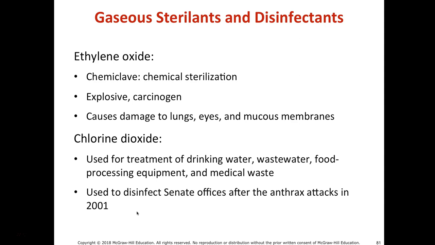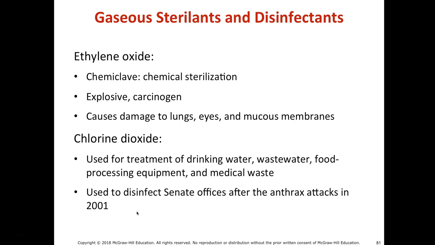Now, in order to use ethylene oxide, we need to use something called a chemiclave. And that is a type of chamber that is similar to an autoclave. If you go back a couple of slides, I have a picture of what that looks like. And in this chamber, you can place your items in there. And it is pretty slow.